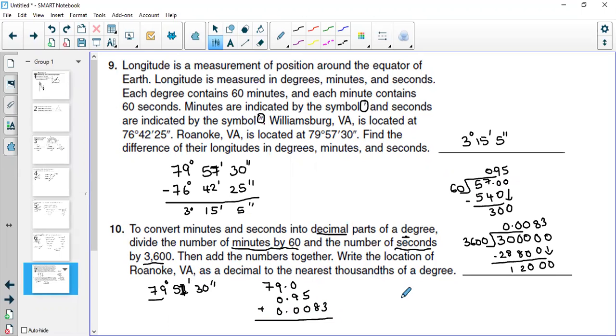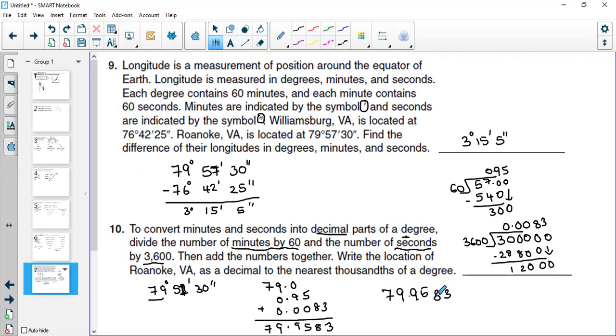So what's that going to give you? There's going to be 3, 8, 5, 9, decimal point, 9, 7. So your answer is 79.9583.